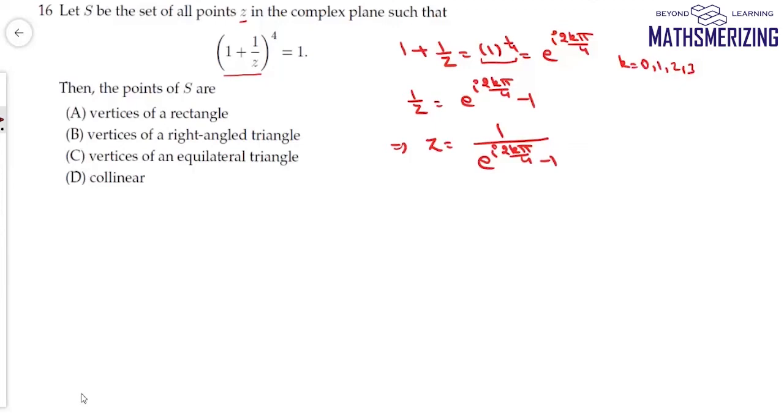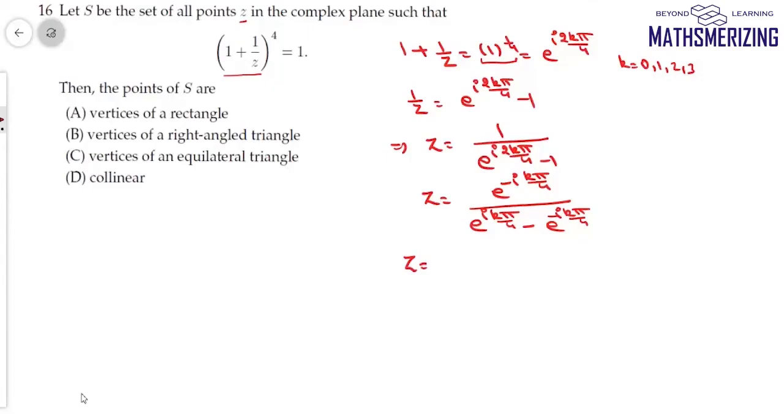Now what I'll do is divide the numerator and denominator by e to the power iota k pi by 4. So in the numerator I'll get e to the power minus iota k pi by 4, upon e to the power iota k pi by 4 minus e to the power minus iota k pi by 4.